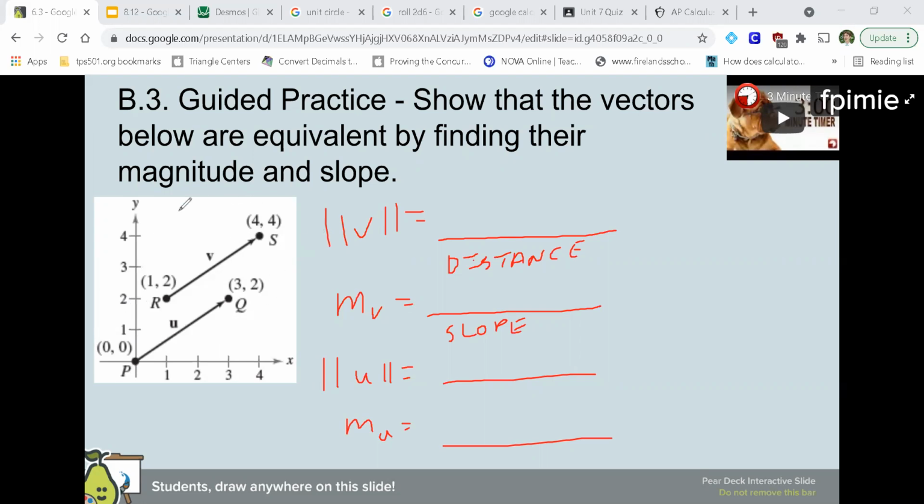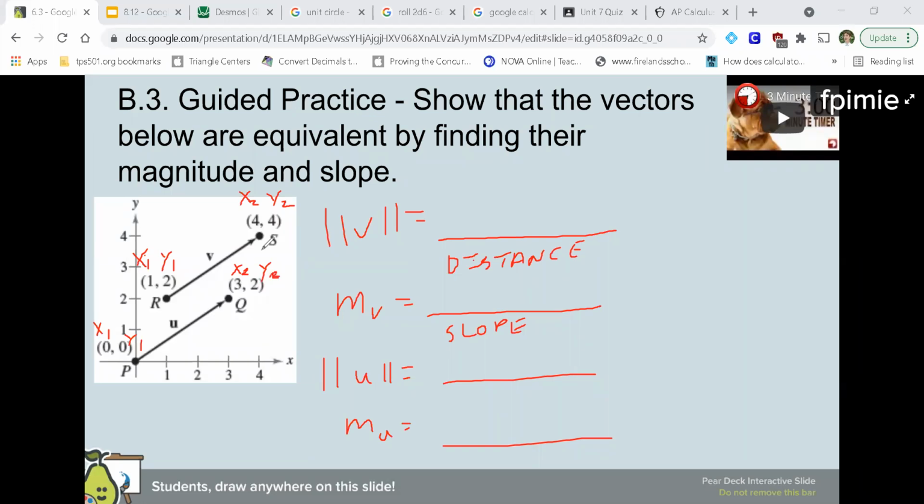I will tell you, to keep things consistent and save you some work, your initial point here will be your x sub 1 and y sub 1. And your terminal point will be x sub 2, y sub 2. To be honest, that really doesn't matter algebraically.